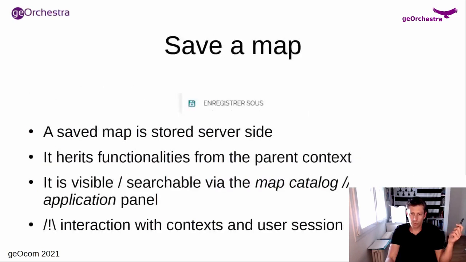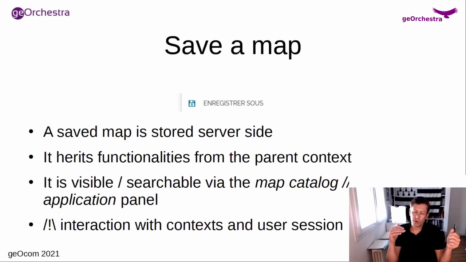There is a UI to search, with another thematic application or map catalog functionality panel. And I make a warning. We make a warning about interaction with context on your user session. I can't explain more, but you have to test.